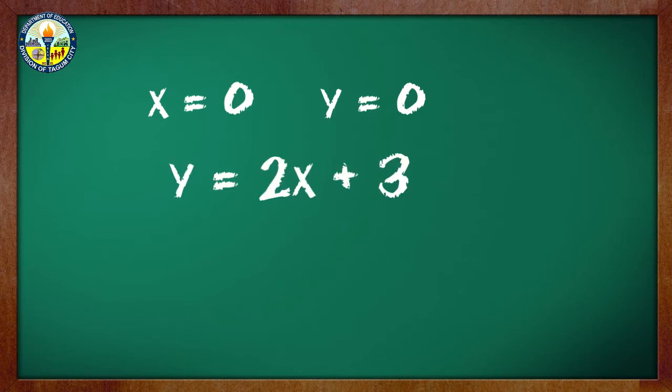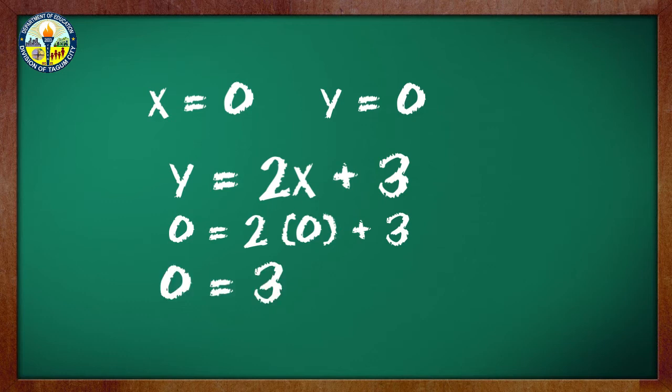Suppose we take a point not on the line, like (0, 0). Will the equation be satisfied? We said x equals 0 and y equals 0. Substituting the values of x and y in the equation y equals 2x plus 3, we got 0 equals 2 times 0 plus 3.